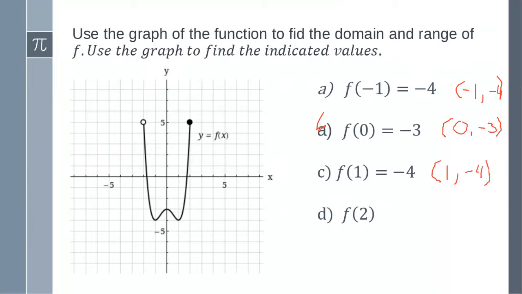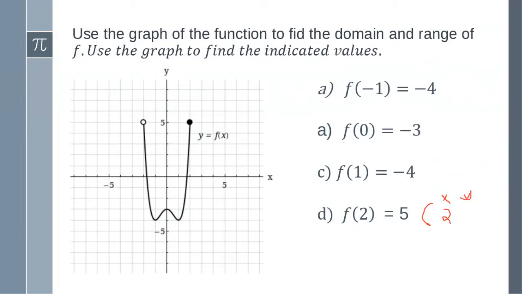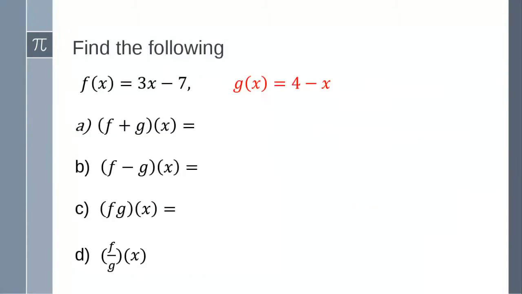And let's go ahead and do the last one, okay? What is the value when f is equal to 2? So let's say that here is 2. If I go up all the way, it gives me the value 5, right? So when my input is 2, my output is 5, and if I were to write this as an ordered pair, again, it's always first the x and then the y. So my x value is 2, my y value is 5. Any questions so far? Very good. Okay, let's go ahead and move on.